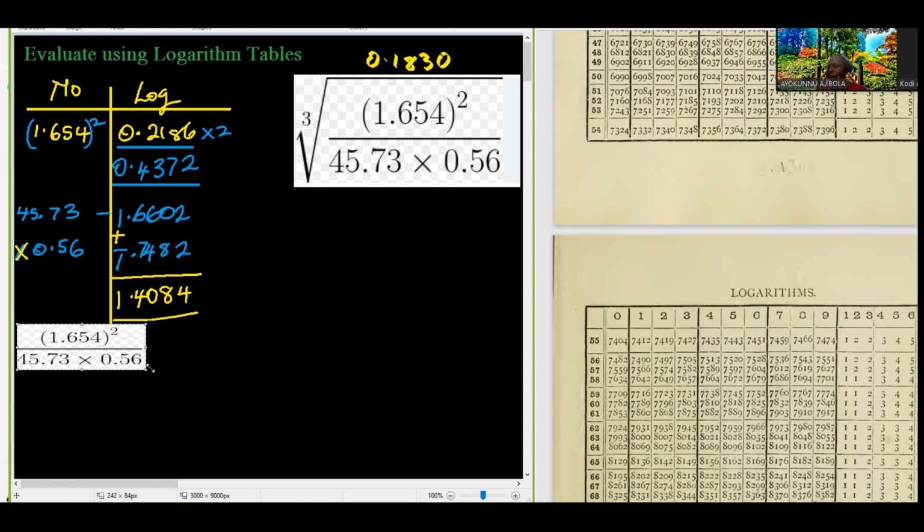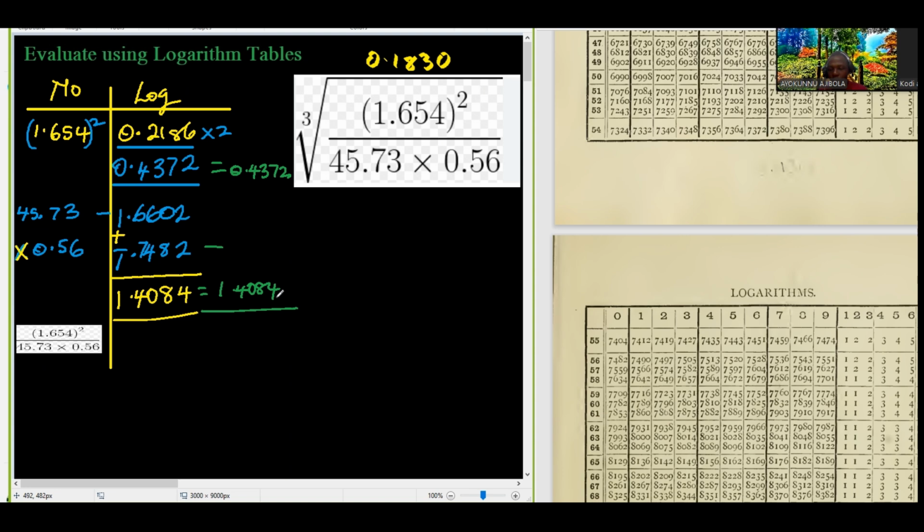It means the numerator under logarithm minus the denominator under logarithm. So the numerator here is 0.4372 and the denominator here is 1.4084. So I want to subtract between the two because I'm dividing.